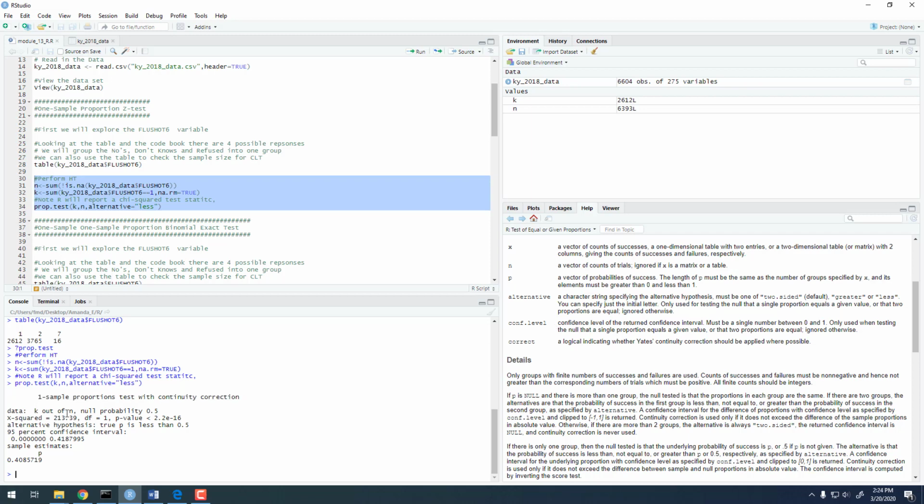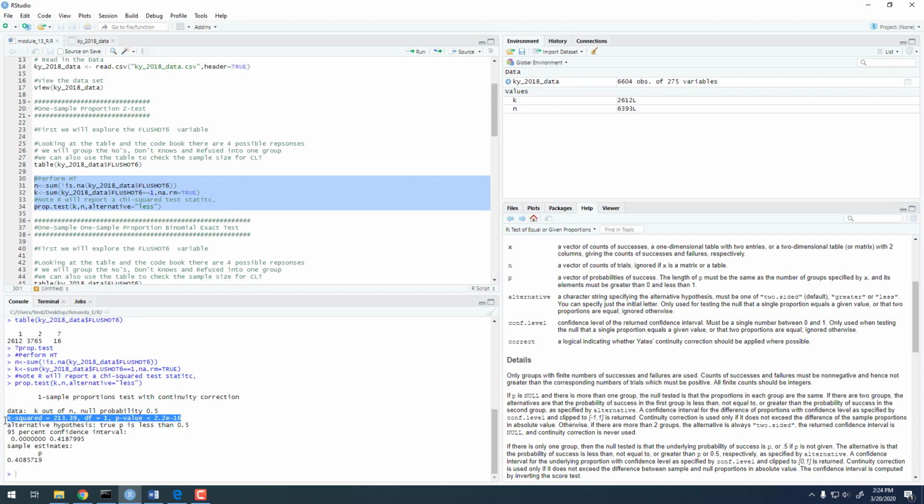Now looking here, notice it's got data, k out of n, and then null probability of 0.5. And again, we already wanted 0.5, so I didn't need to change anything. Now, if you'll remember from module 13.2, we said there was going to be a z statistic with this particular test. Well, it ends up that R reports it as a chi-square test statistic.